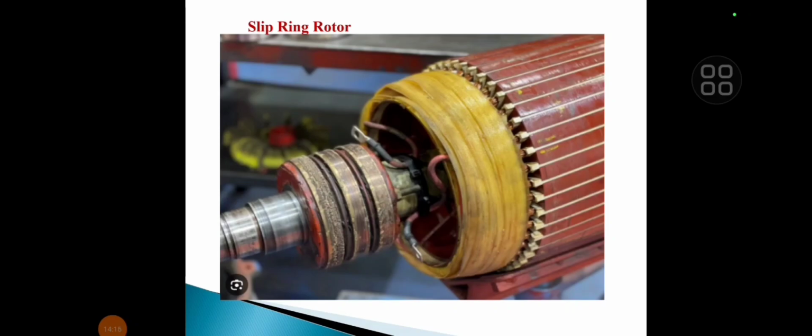Also there are no brushes, whereas because of slip rings and brushes maintenance is required, and sometimes because of wear and tear the reliability of the motor gets reduced.